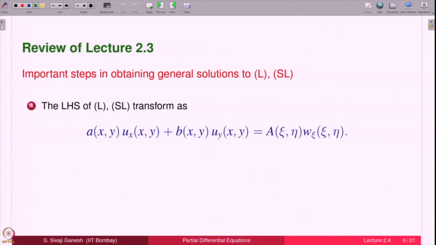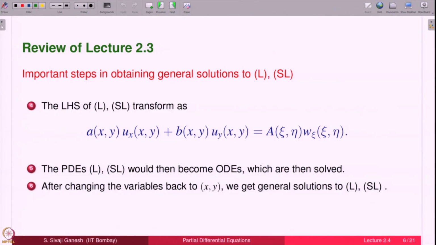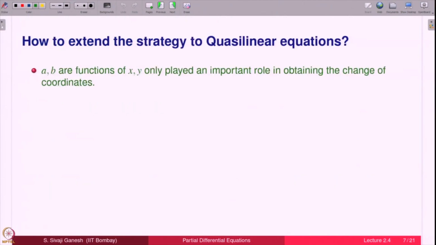Then the LHS of L and SL, which is this, now becomes this, it features only the derivative with respect to xi, and the PDEs will then become ODEs, which are then solved. That was the idea. Now, after changing the variables back to (x,y) from (xi, eta), we get the solutions as functions of x and y.